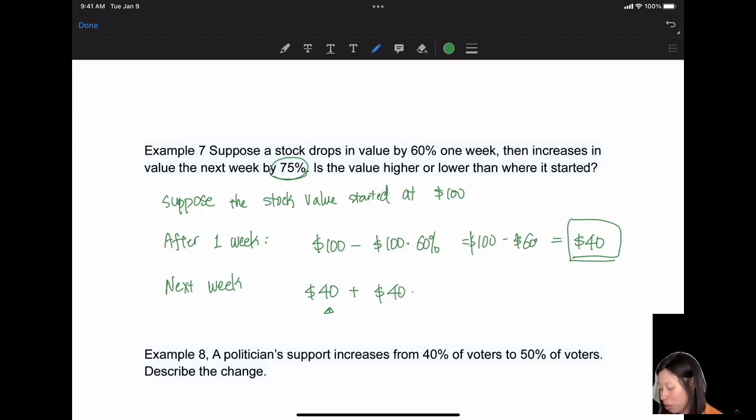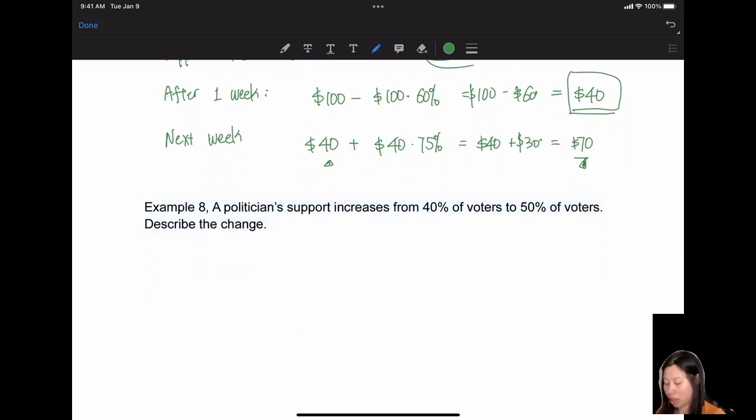So I have 40 plus 30, which equals 70. In the end, this is the end value. The stock is still $30 lower than the starting value. So the value is lower than where it started, because it started at 100.